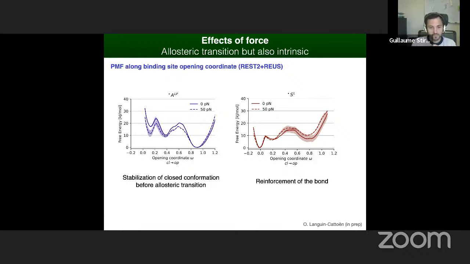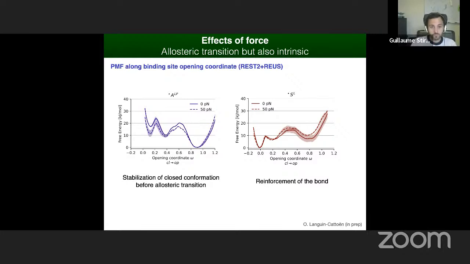So the x-axis is the opening coordinate of the binding site. And when it's closed, it has a stronger affinity than when it's open. And so you have 3 peaks corresponding to closed on the left, semi-open in the middle, and open on the right-hand side. So for the associated state, this one is a weak binder. So the open conformation is more stable, right? More favored.